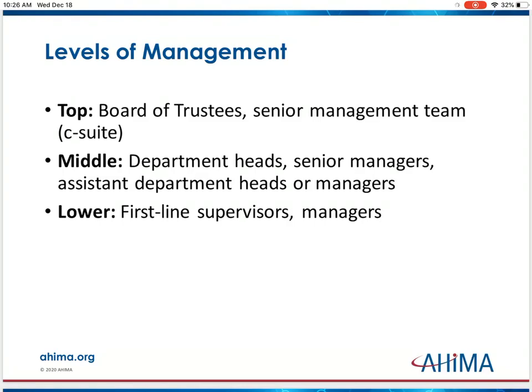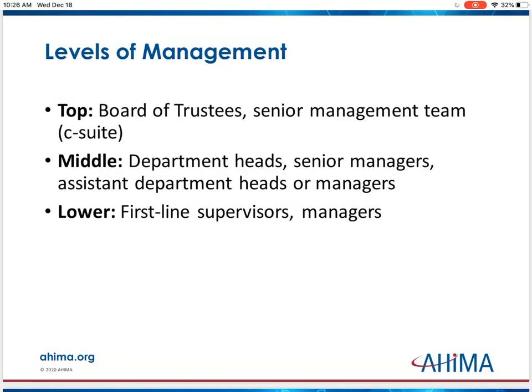You do all of those functions of management. Now, usually we have 3 levels of management in healthcare. You have your top level, your middle level, and your lower level. Your lower level can also be called frontline supervisor or first line supervisor.